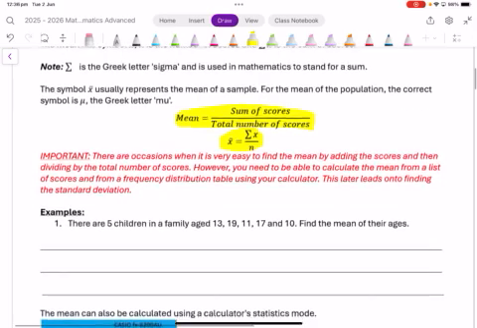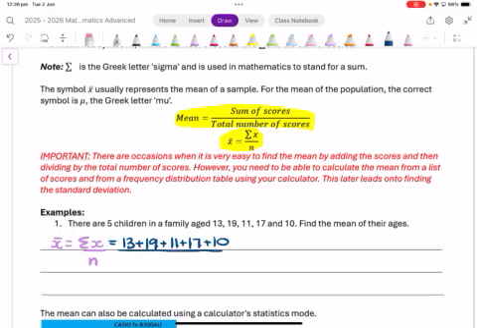So we can do example 1 using our brains. There are 5 children in a family aged 13, 19, 11, 17 and 10. We want to find the mean of their ages. To find the mean, it is X bar equals sigma X over N. We add our scores together: 13 plus 19 plus 11 plus 17 plus 10, and put that all over the number of children in the family, which is 5.